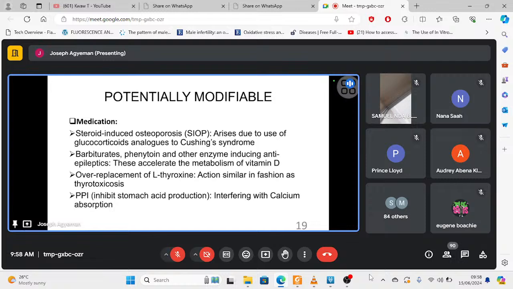If somebody comes with hypothyroidism and you over replace and you cause drug-induced hyperthyroidism, you are increasing the person's chances of getting osteoporosis. T3 activation on osteoblast inhibits osteoblast, whilst T3 activation on osteoclast activates osteoclast.